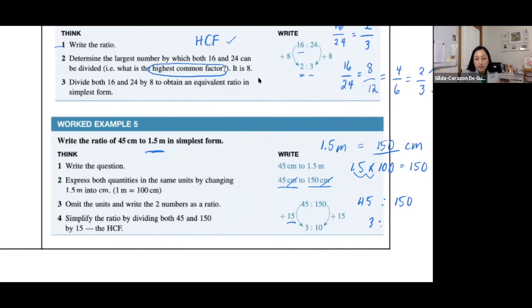And 150, how many 15s go into 150? There's 10 of them. And thanks, Sean. And therefore you get 3 to 10. All right, so the ratio of 45 centimeters to 1.5 meters in simplest form is 3 to 10. You don't just say it's 45 to 1.5, right? Because that wouldn't be correct, because you're not comparing those two quantities when they don't have the same units.